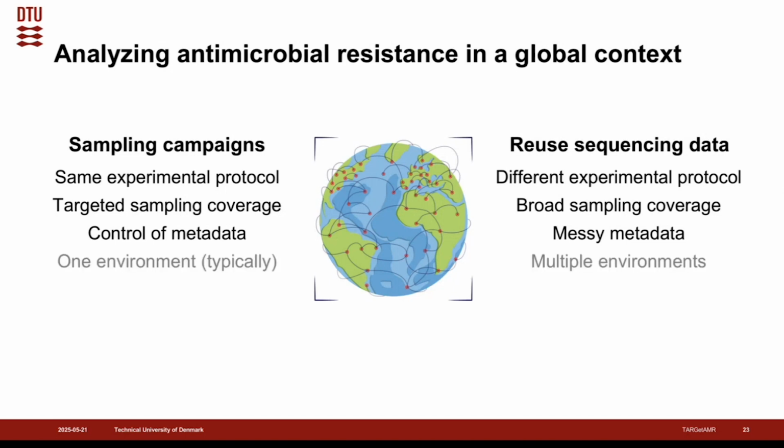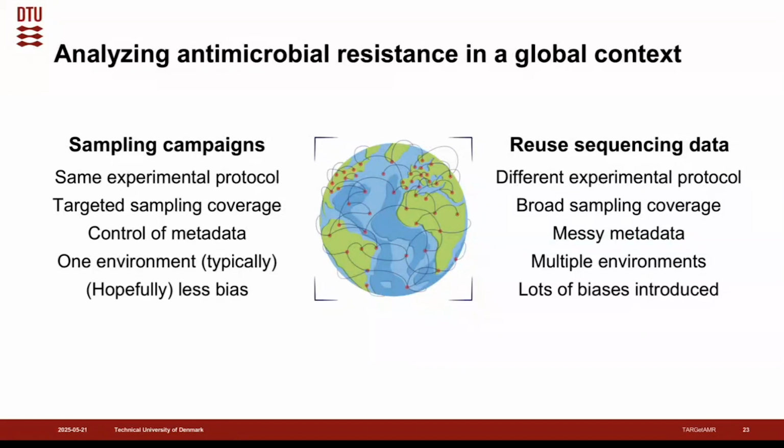Typically, when you're working with these kinds of sampling effort campaigns, it's maybe one environment, two environments. Sewage is just one kind of environment, whereas when you are downloading everything, there is an opportunity to study persistence across multiple environments, years, sources, and so on.